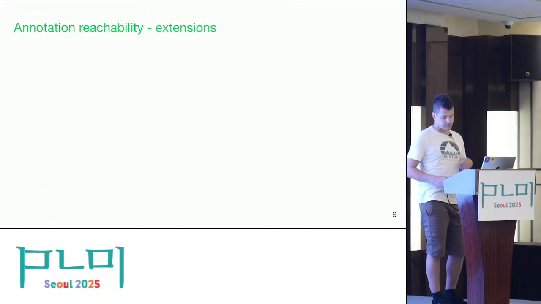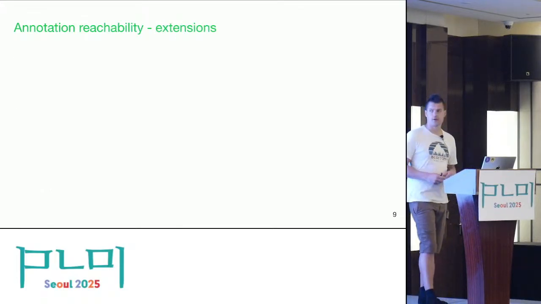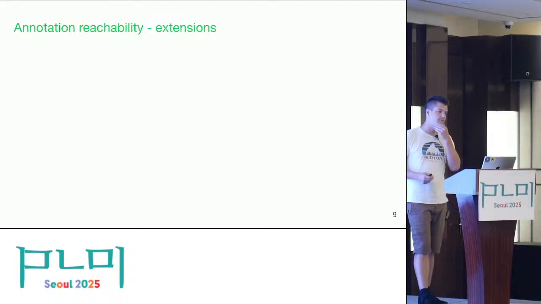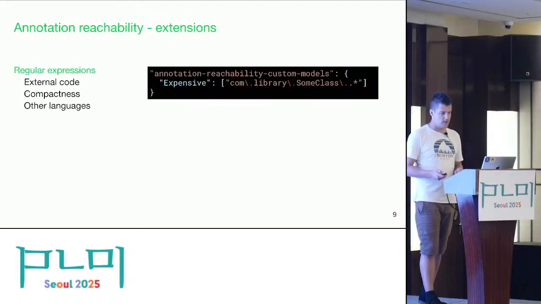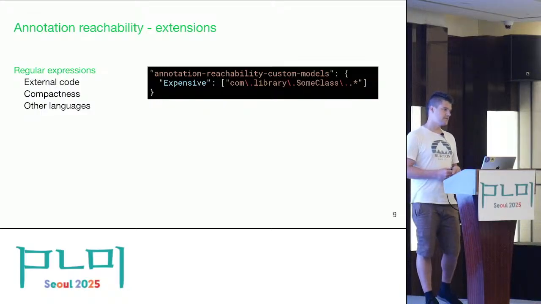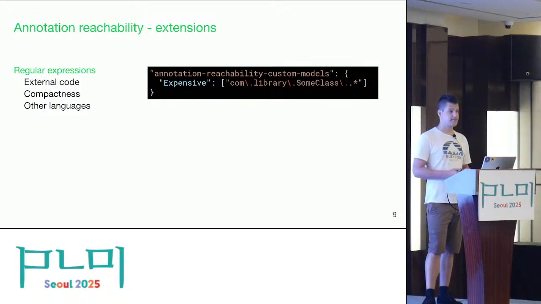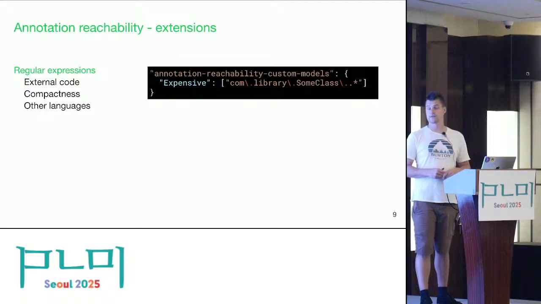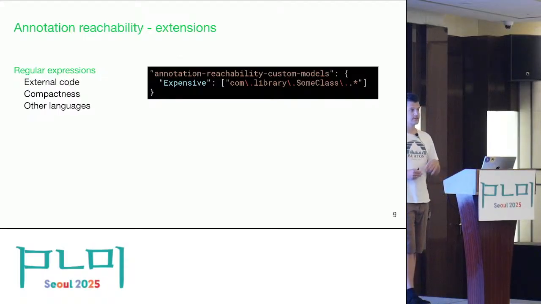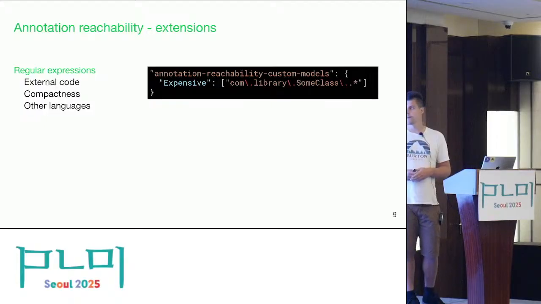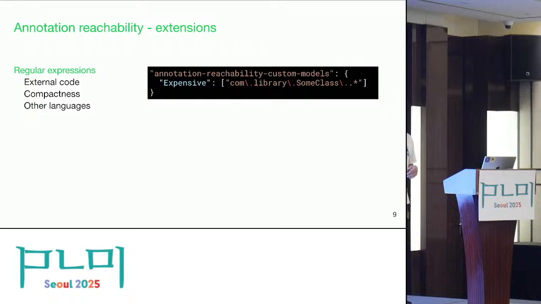And now this checker was mostly working well for our purposes, but we did have to make a few extensions. One of them is to support the specification of functions via regular expressions, primarily because we had external code that we wanted to annotate, and we can't really go in and modify the source code. But it also allows us to express our properties in a more compact way.